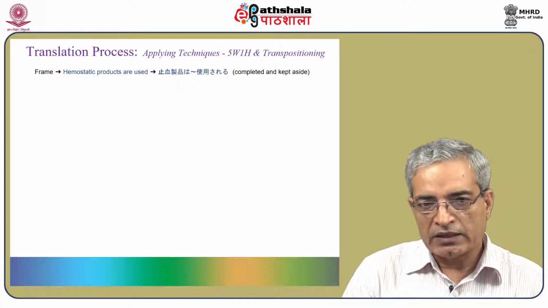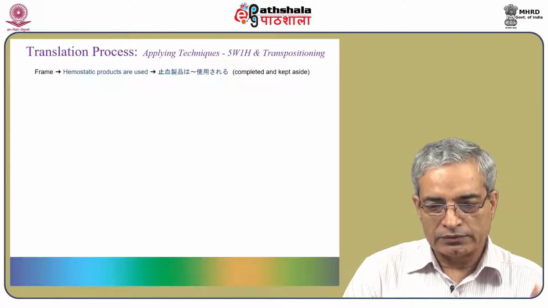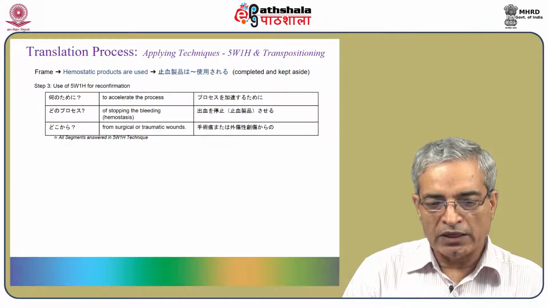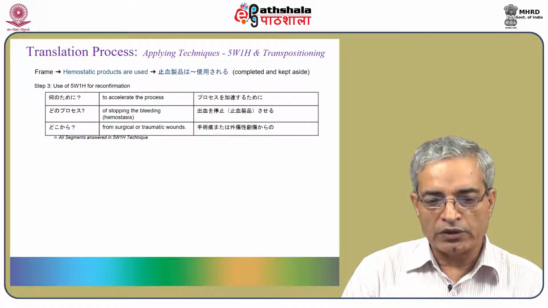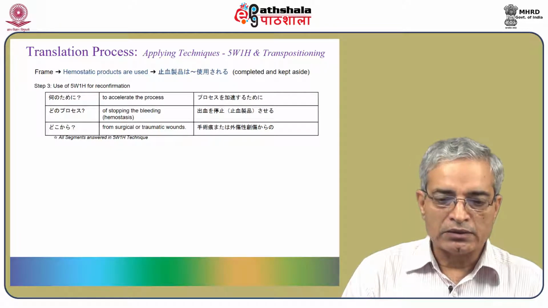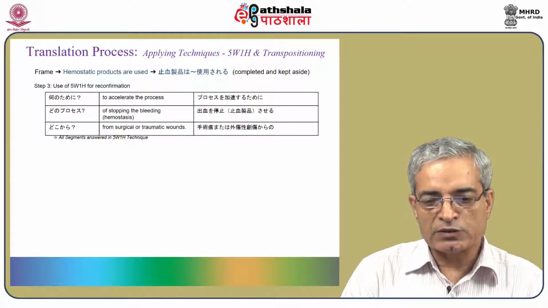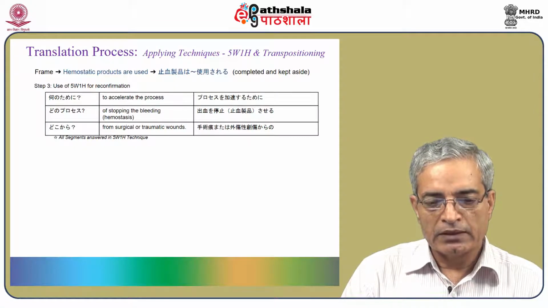What is to be kept aside is the main frame, that is the shiketsu seihin wa shiosareru, and for the remaining one we are doing it on the units. We are applying the 5W1H. Nan no tameni is to accelerate the process, and we had translated this as process o kasokusuru tameni. Dono process.